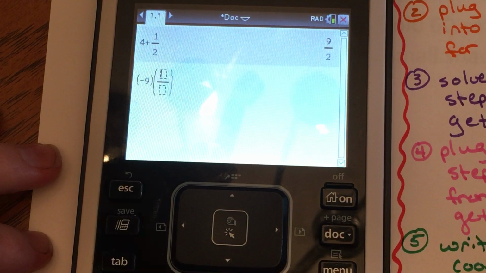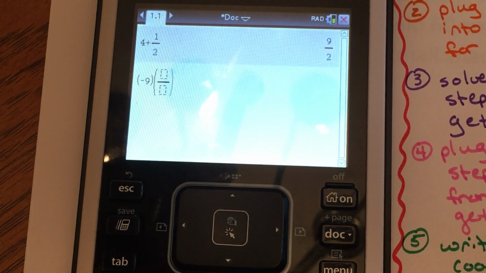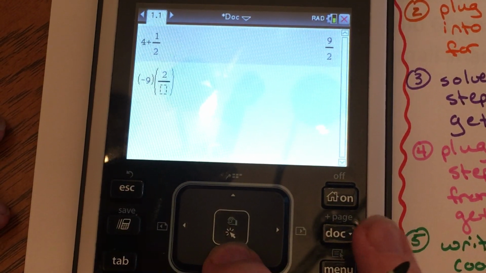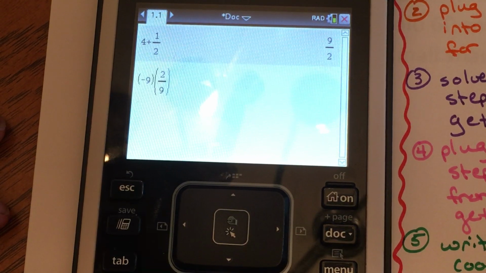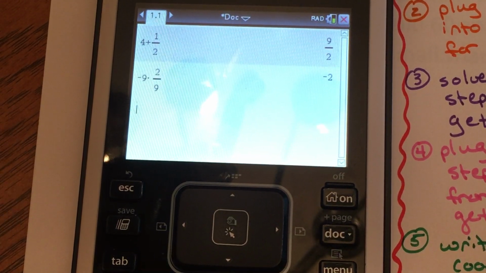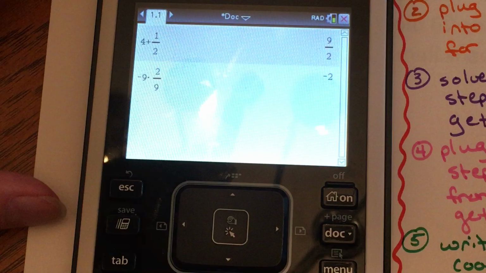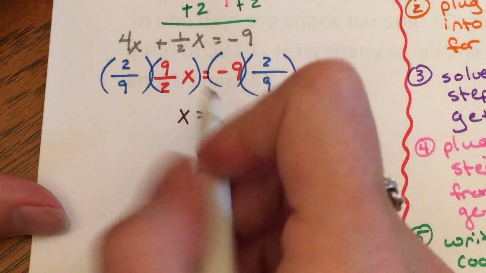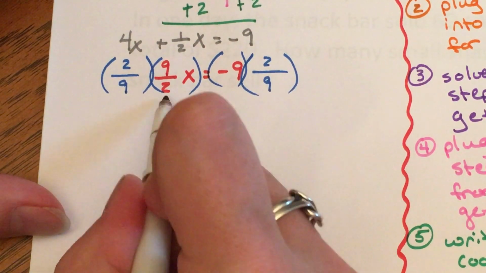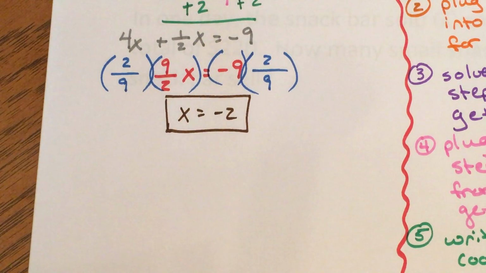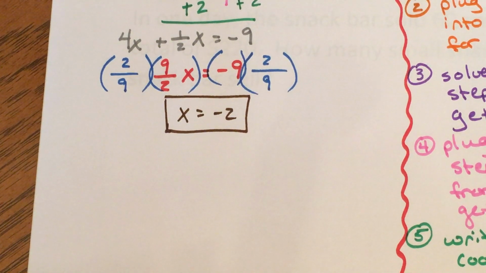Control, divide. There's that fraction, 2/9. Wow, -2, isn't that great? That's just a great tool that calculator has programmed into it for you. And there's x. Ta-da!